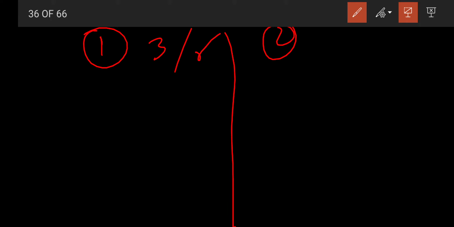So for system 1 and for system 2, in the question it is given that the surface area to volume ratio of system 1 is 3 by r. Let's find this ratio.